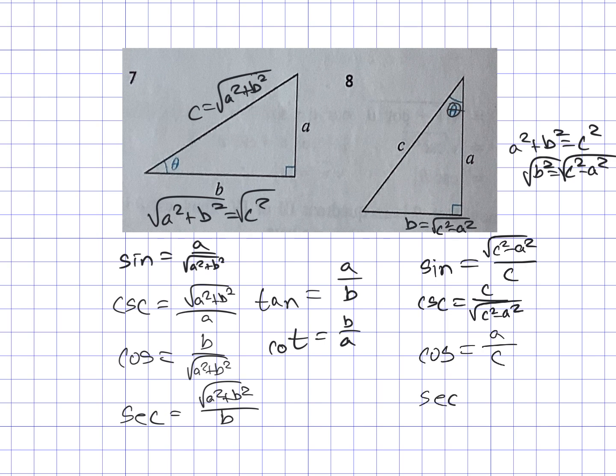And the secant would be the reciprocal of that. And then we do the tangent is opposite over adjacent. And the cotangent is the reciprocal of that, a over the square root of c squared minus a squared. Hard to see.